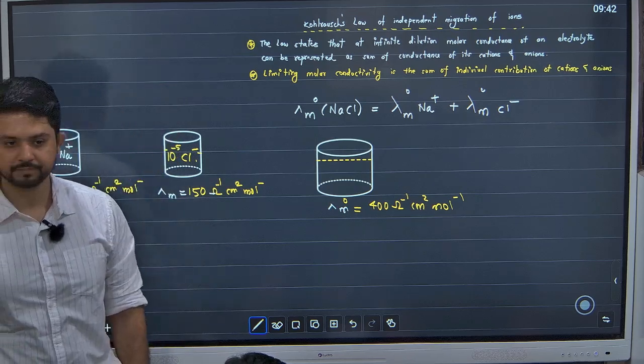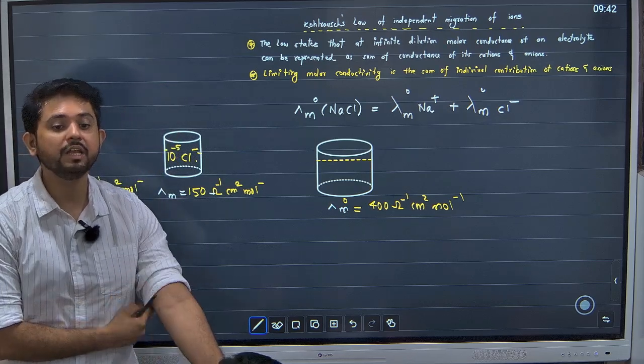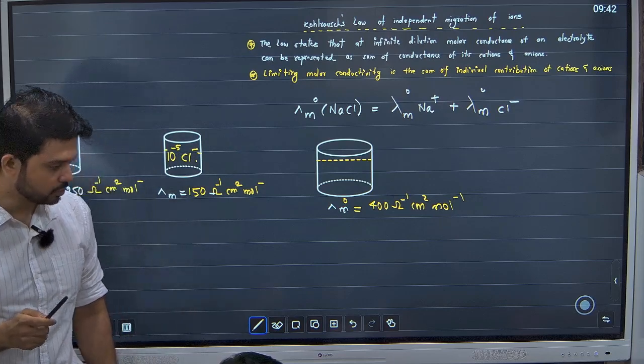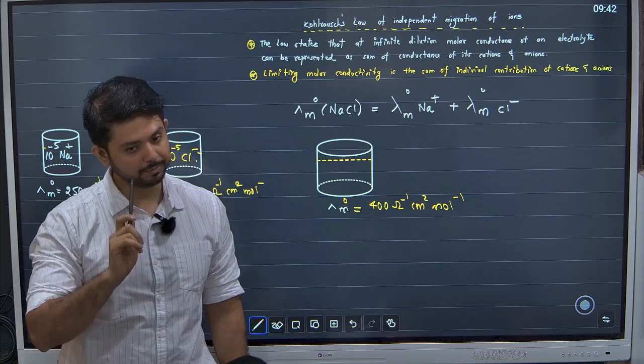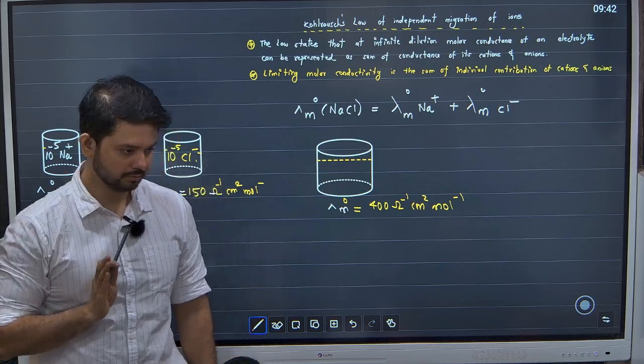But this is possible only at infinite dilution. You cannot apply this for lambda m. You can apply only for lambda m naught.